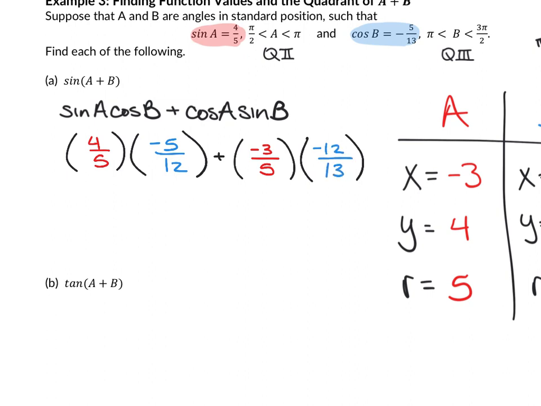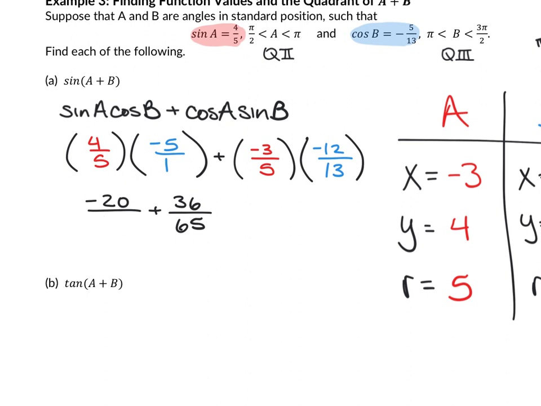Negative 12 over 13. Now, of course, like the problem before, if you're using a calculator, you could go straight from here to the answer, but if we're going to practice doing some mental math, top times top, bottom times bottom. 4 times negative 5 is negative 20. 5 times 12 is 60. And then negative 3 times negative 12 is positive 36. And 5 times 13 is 65. I wrote down the wrong number, didn't I?